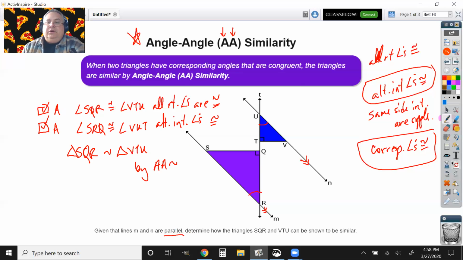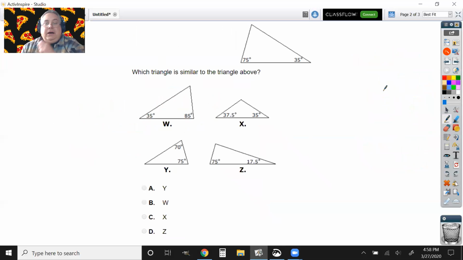Now, we'll get some other problems in here. You can pause this, take a look at what I did, and then move on. Here's another example. Which triangle is similar to the triangle above? So I've got 4 triangles to choose from. And I know this is a 75 and 35, and I could use the triangle sum theorem, which says that the sum of the 3 angles of a triangle is 180 degrees.